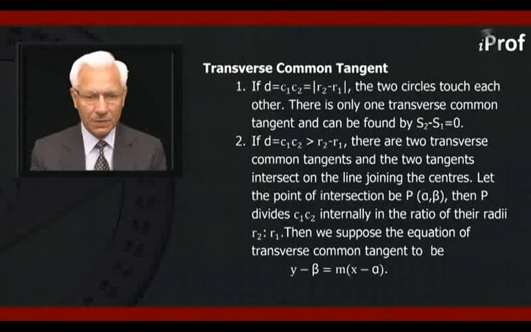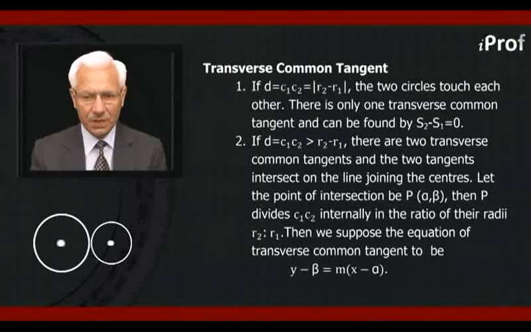If d, that is C1C2, is greater than R1 plus R2, there are two transverse common tangents which intersect on the line joining the centers. Let the point of intersection be P (alpha, beta).